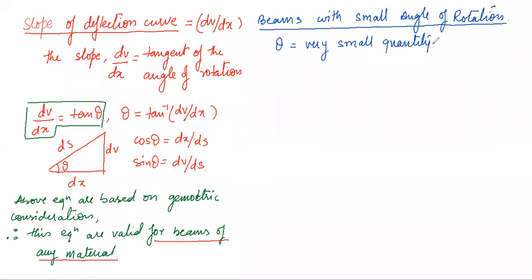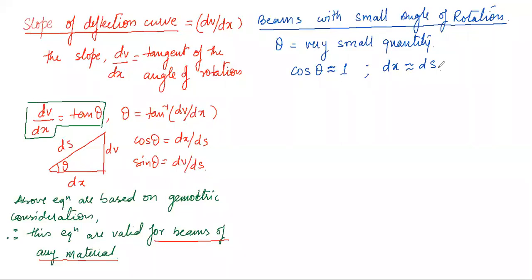Practically, if theta is very small, can we say that cos theta, which you have already defined, is nearly equal to 1, which means dx is also equal to ds.